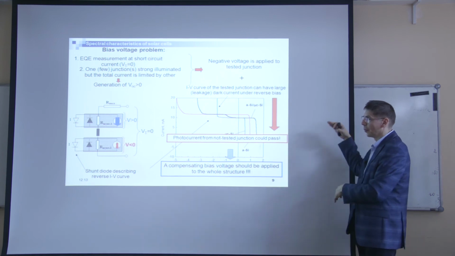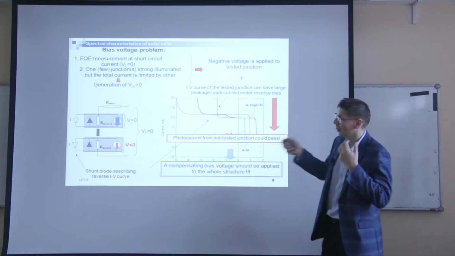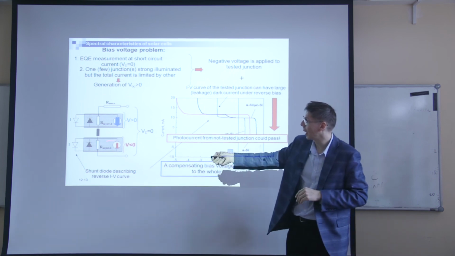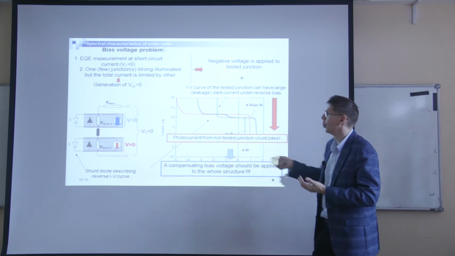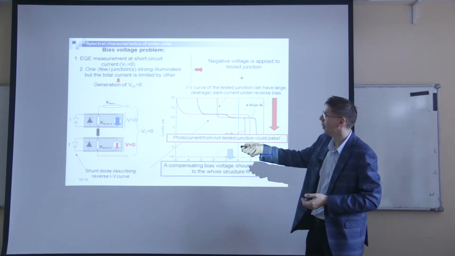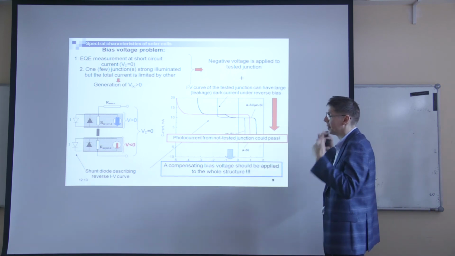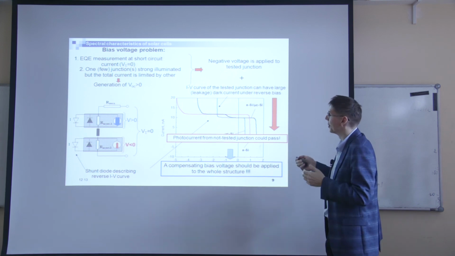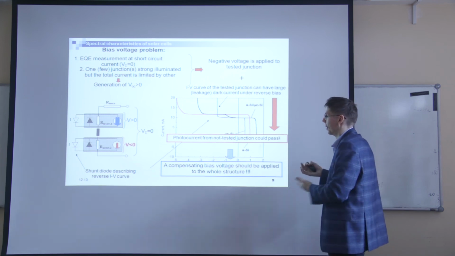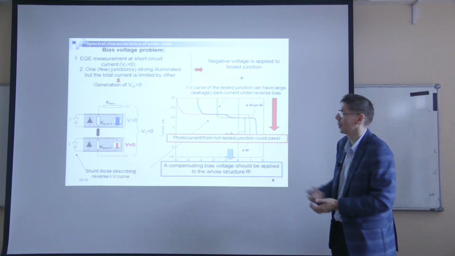So you would get some signal here, in the area where normally you should have no current, but due to this high reverse voltage, you get some current at this wavelength. So when you register, you will have some response at a wavelength which has nothing to do with the real quantum efficiency of the solar cell.